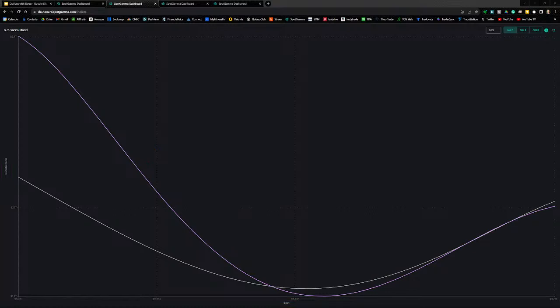All right, let's see where SPX is trading now. So right now I have SPX at 45.25. The low of the day we saw on the SPX chart was right around here, 4,500.